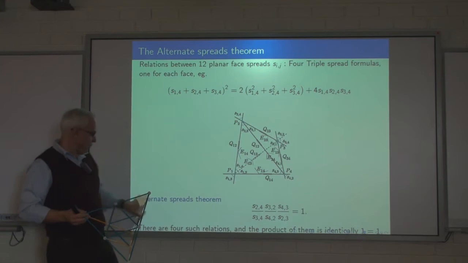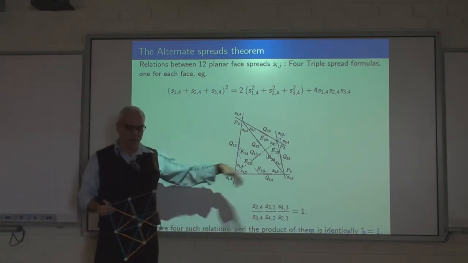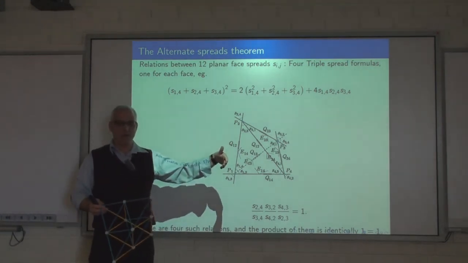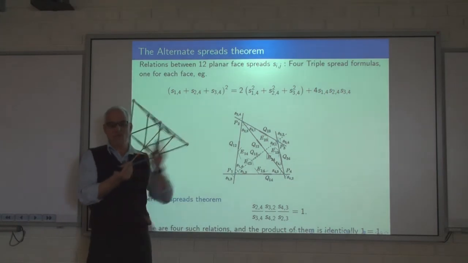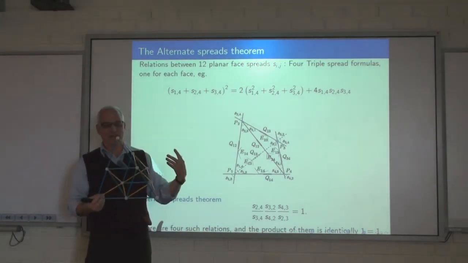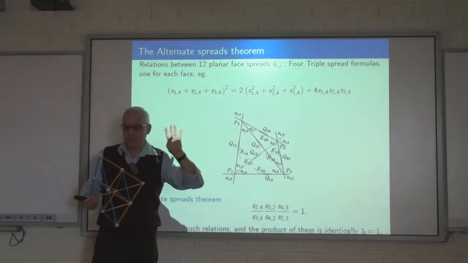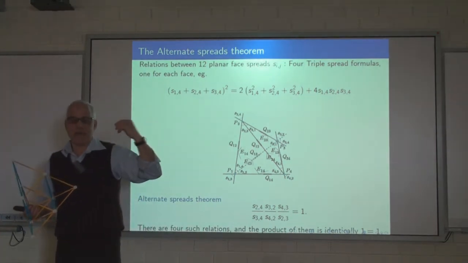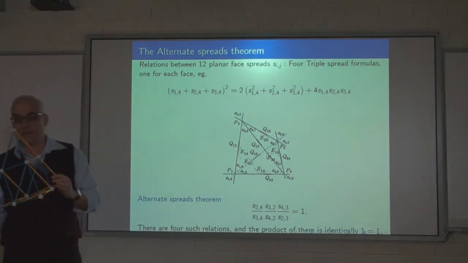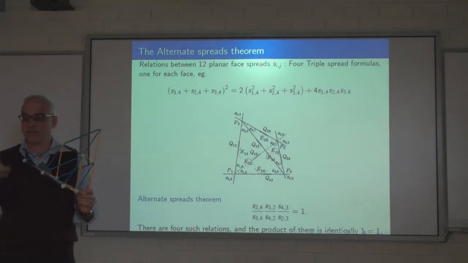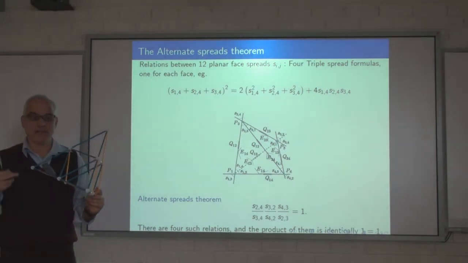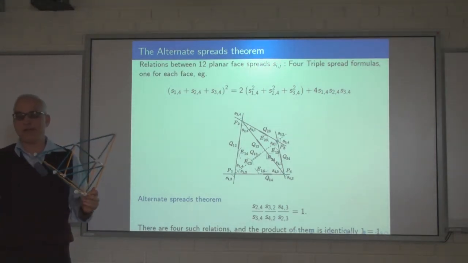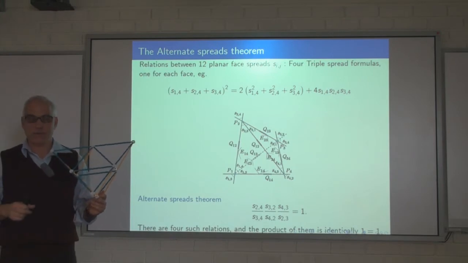But it turns out that these 4 are not independent, that if you multiply them all together, you get 1 equals 1. So there's a relationship between these 4 alternate spread relations. So altogether, there's really only 4 plus 3, that's 7 independent relations on these 12 things. And there are ultimately 5 degrees of freedom. If you know 5 of the 12, you can, in theory, calculate the other ones.